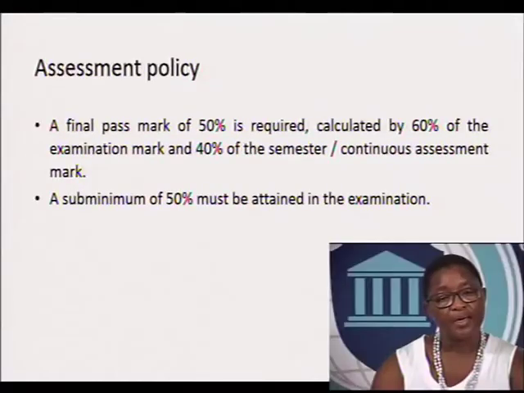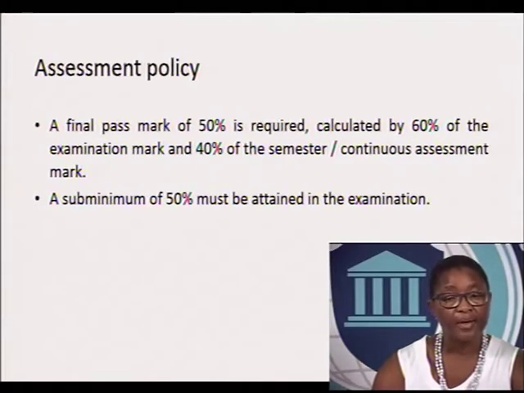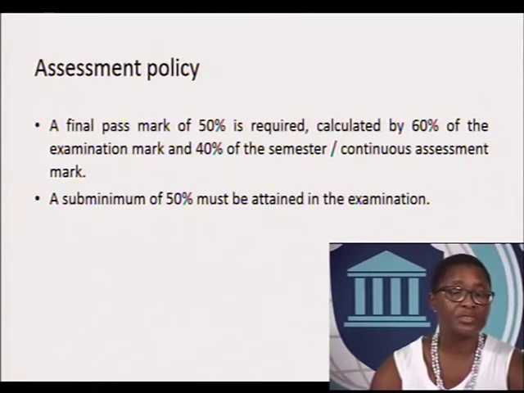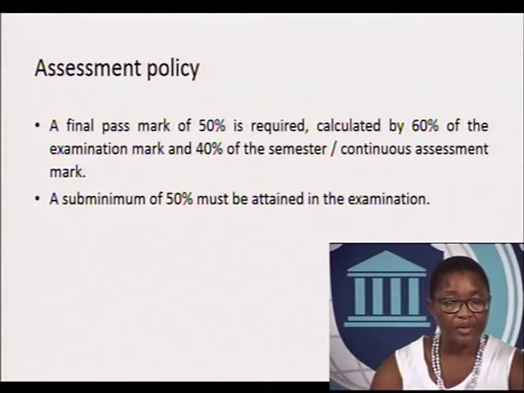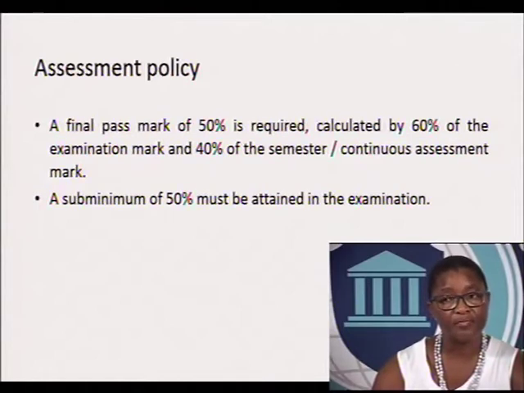How is the module being assessed? The assessment policy is a final pass mark of 50%, which is calculated by 60% of the examination mark and 40% of the semester mark, which is a continuous assessment, or as we call it, an assignment mark. So in the assignment, you are expected to score at least a minimum of 40 and up. And in the examination, you are required to score 60% and up.